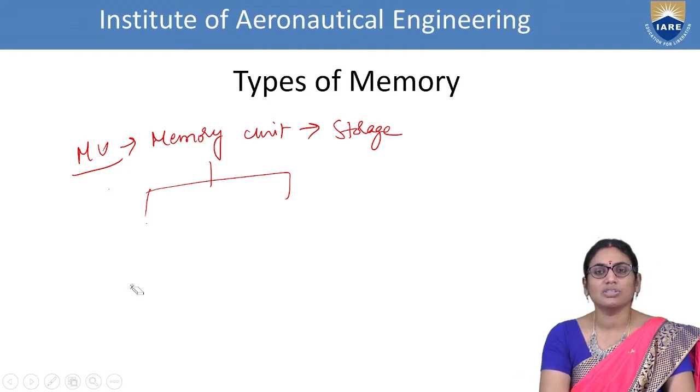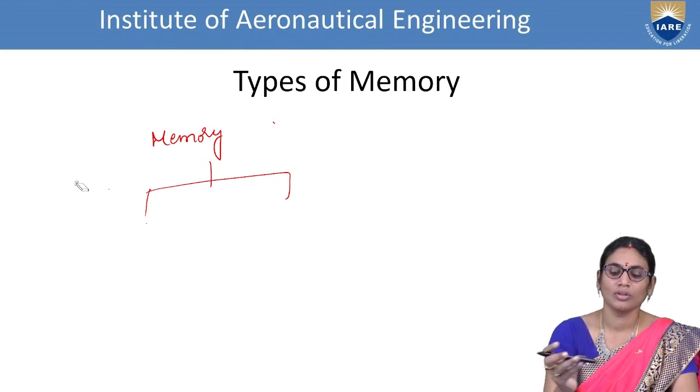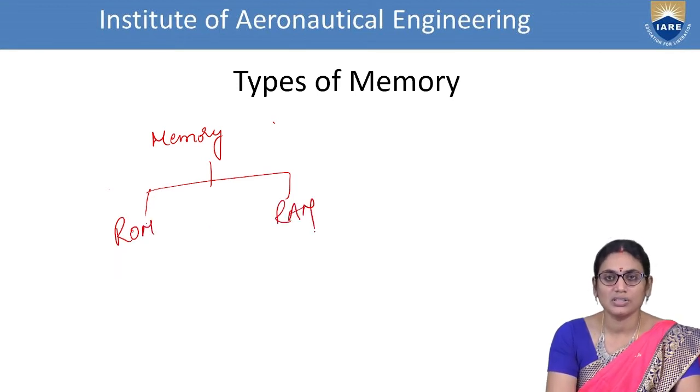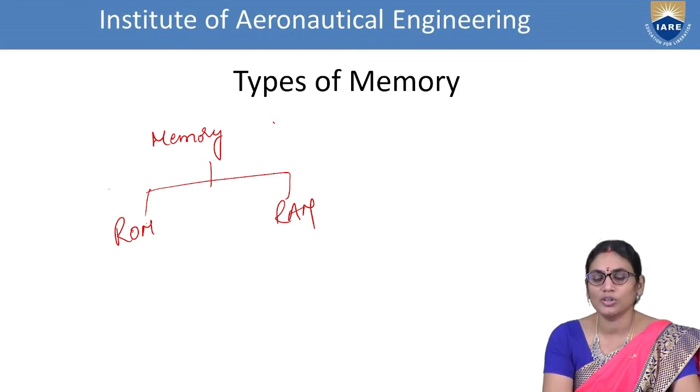So the types of memory can be classified into RAM and ROM. RAM, as the name suggests, can hold the data, erase the data, and rewrite the data. So the possibility is there in this particular RAM to handle the data in whatever operations you want to perform.